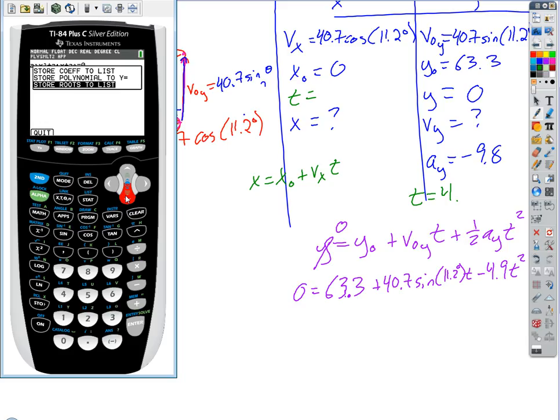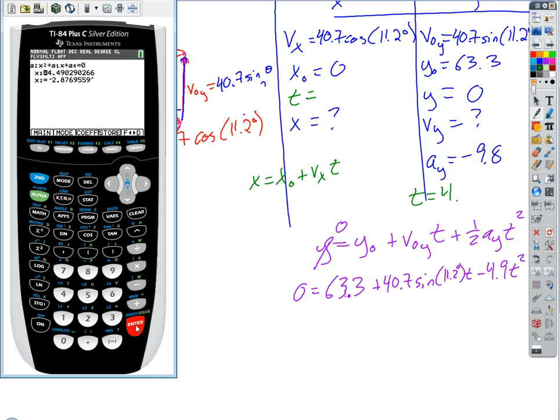Let's just mess around with it. So store roots to list. Okay, X list, we're going to store as, I'm just going to call it alpha A. Alright, so how do you get it back? I go recall alpha A, which we'll do in a second. So we got that.